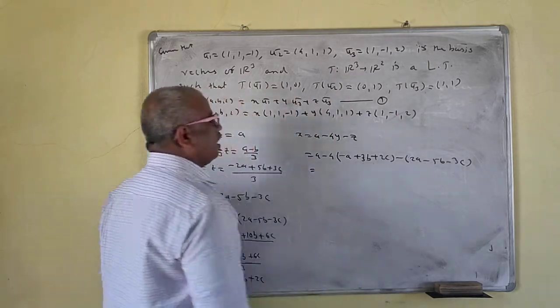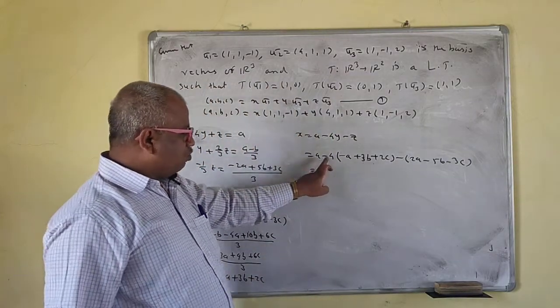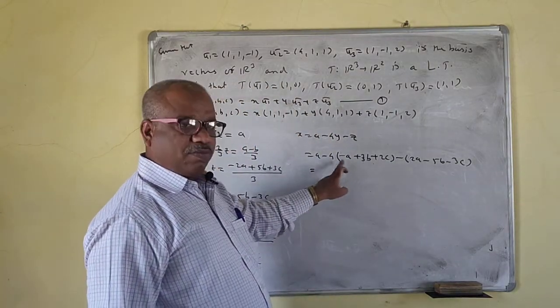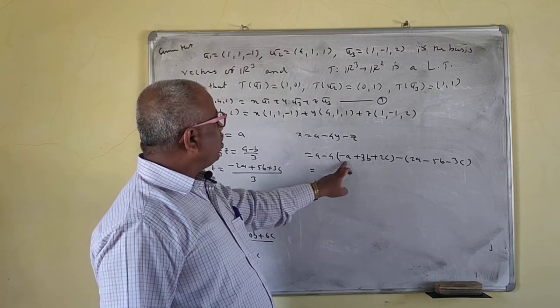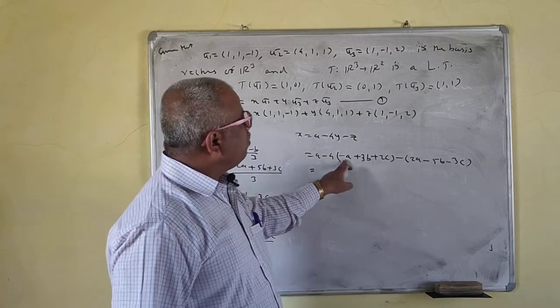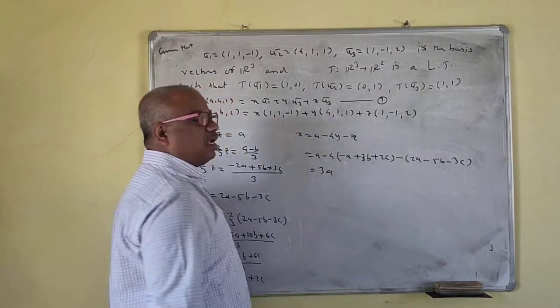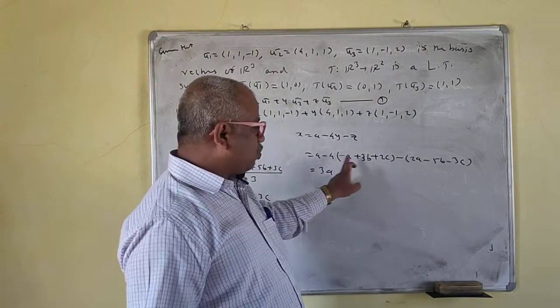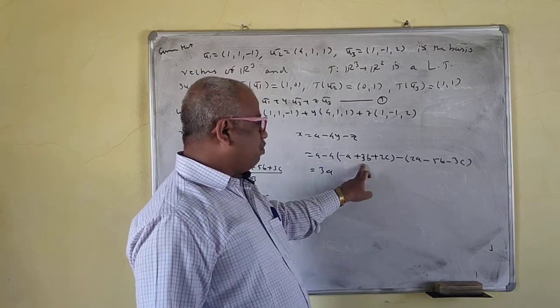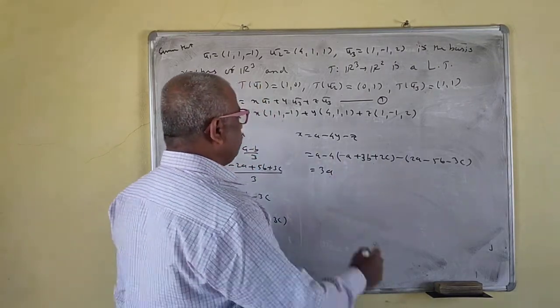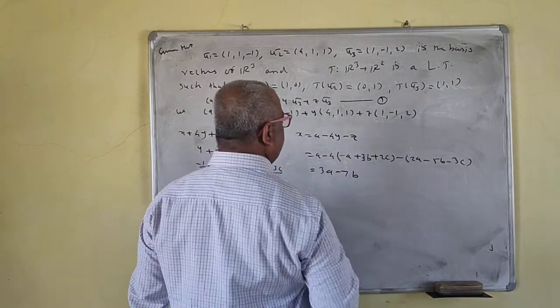Now we'll collect a. Minus becomes plus, so a plus 4a is 5a, and 5a minus twice a is 3a. Now we'll collect b: minus 12b plus 5b, so this is minus 7b.